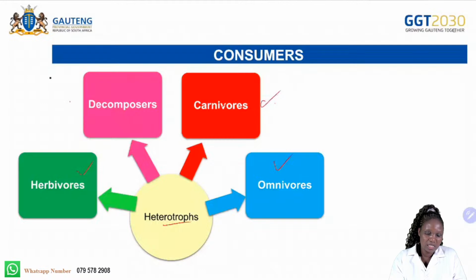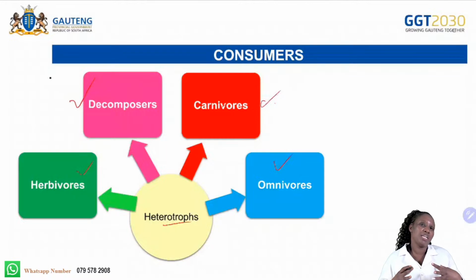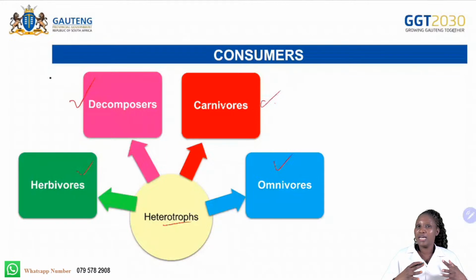And then we've got the decomposers, grade 8. Decomposers are very important in each and every stage of the life cycle. Why is it so? Because decomposers will act on dead animals and decompose them. They also act on dead trees and decompose them.